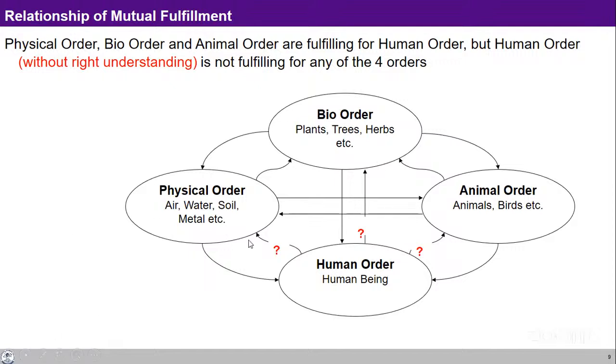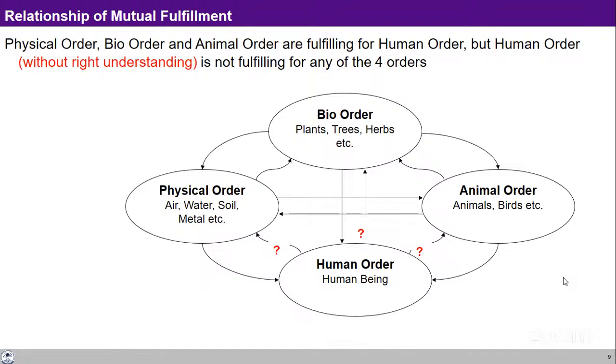And also, if you want to construct a building, or for air for our daily respiration and water for quenching our thirst, for that we need to depend on the physical order. The human order is depending on the bio order and physical order, and also the animal order. We are using many animal products, the winter clothes, and also milk.